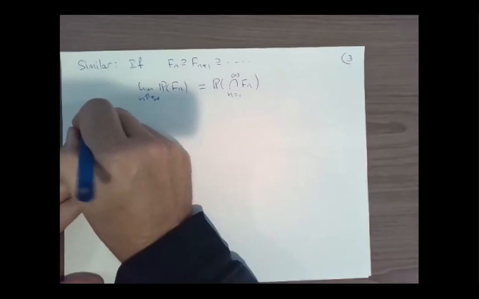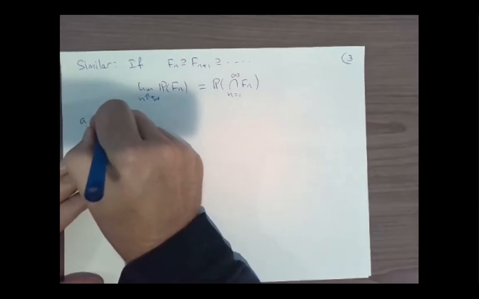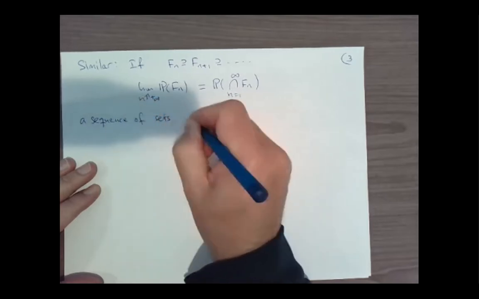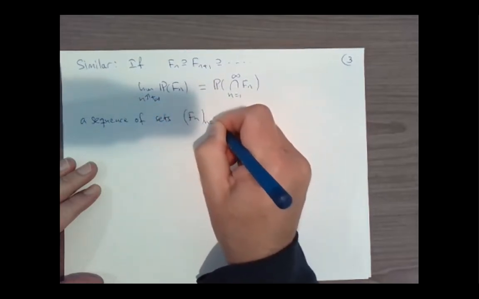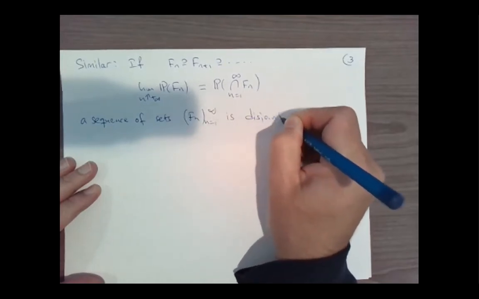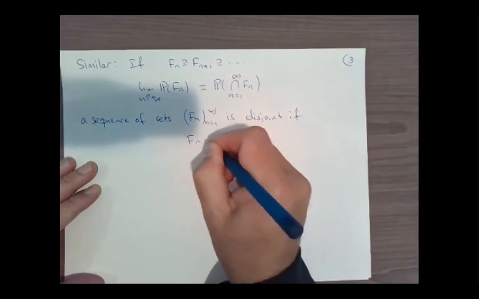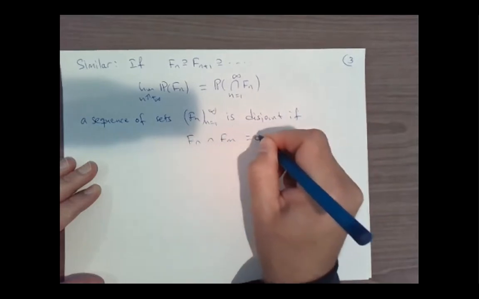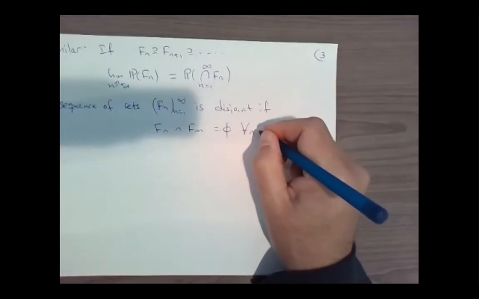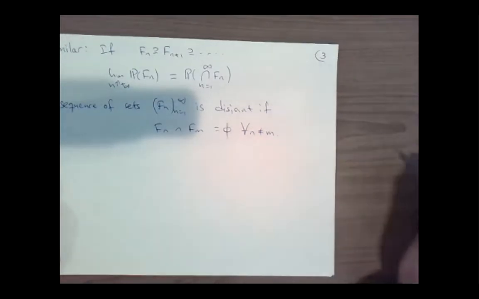So a sequence of sets Fn is disjoint if Fn intersection with Fm is empty, as soon as you take two indices that are not the same.